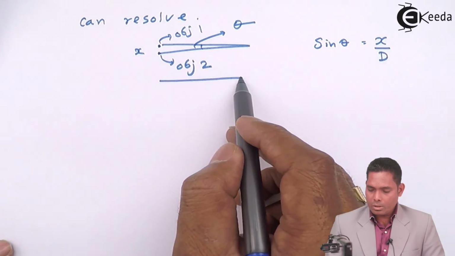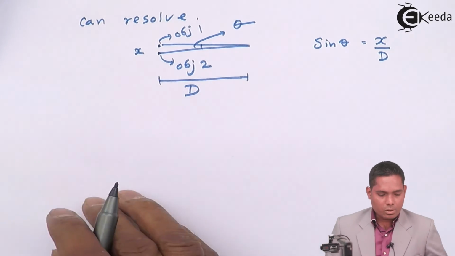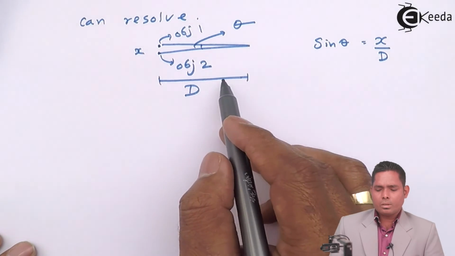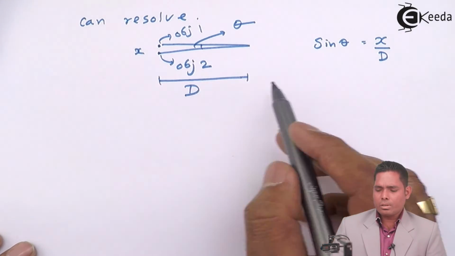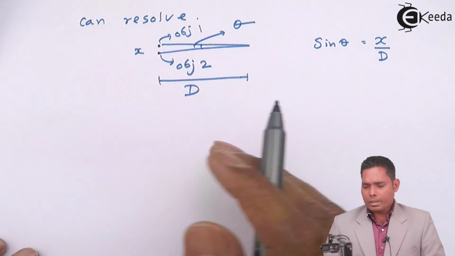Actually I wrote small d and capital D, don't get confused. The capital D is for the comfortable viewing, that is the distance of distinct vision, and small d I used for the diameter of the pupil. So don't get confused by that.